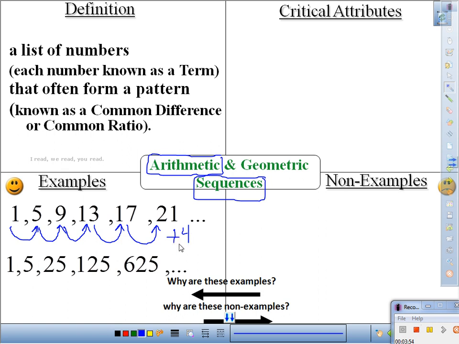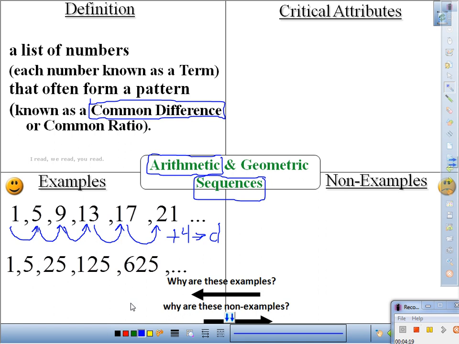When it's an arithmetic sequence, that's what we call a common difference. And instead of writing just +4, we label this as the letter D. Does everybody know why it's labeled letter D? Because it's difference. That lets us know that it's part of the arithmetic sequence. Are we there so far?